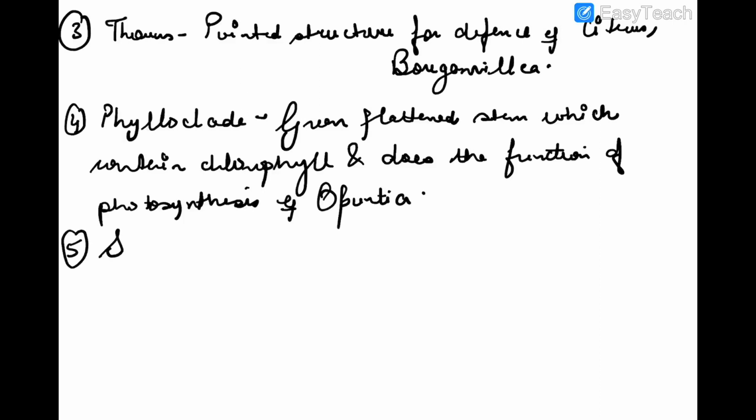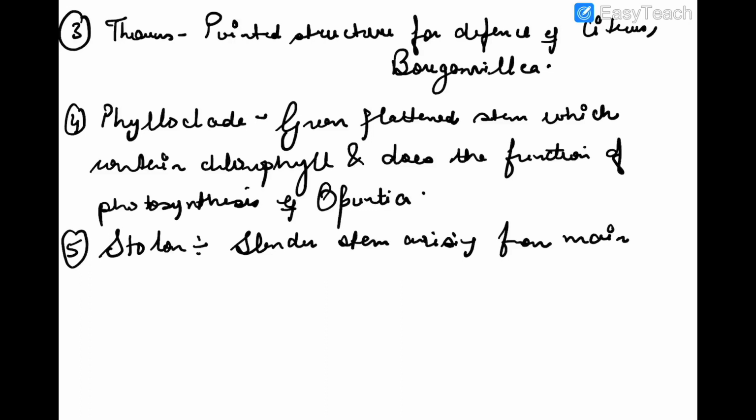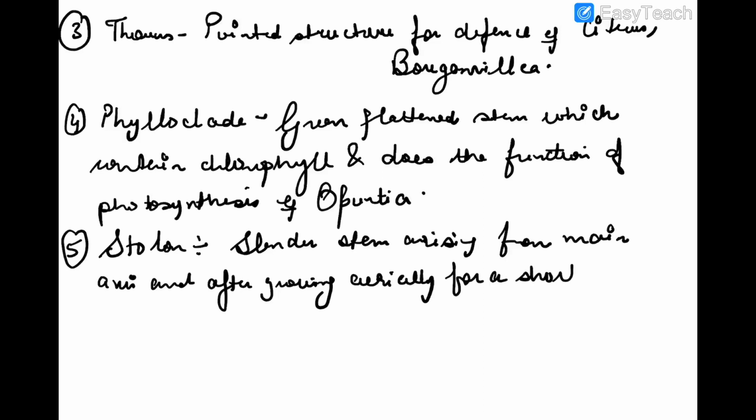Fifth modification is stolon. Stolon is a slender stem arising from main axis and after growing aerially for a short distance, they arch downwards to touch the ground.